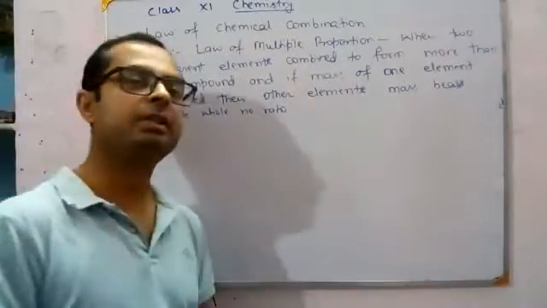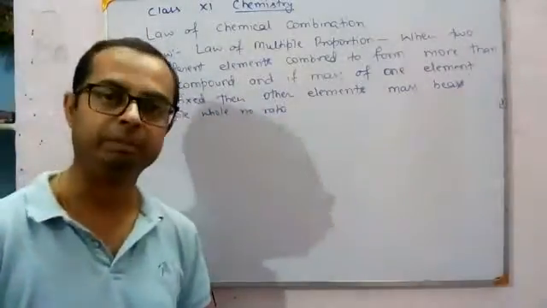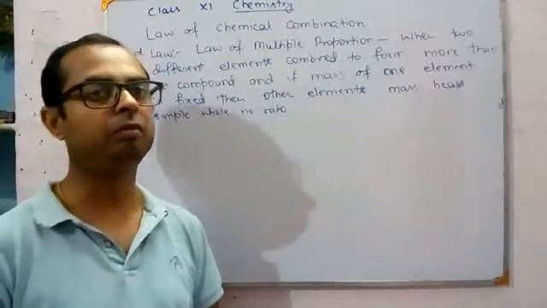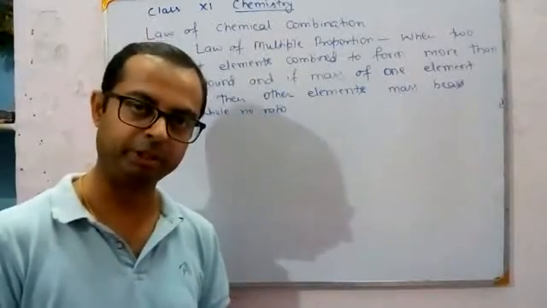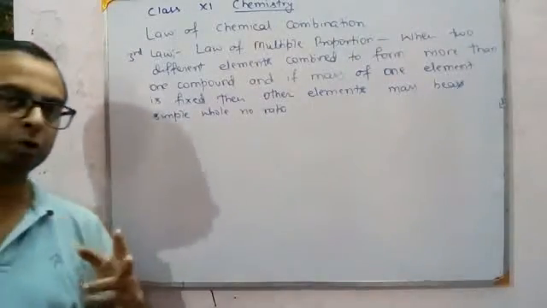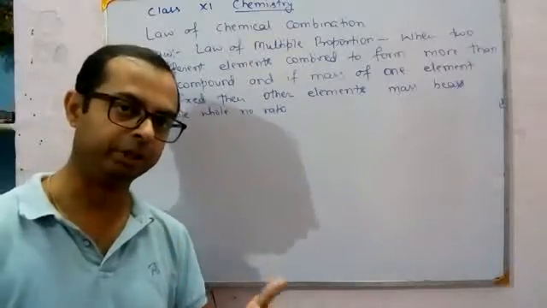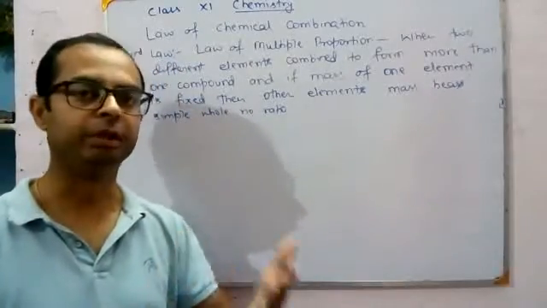Welcome back, students. We are going to discuss the third law of chemical combination, which is the law of multiple proportions, right? In this law we will see that two or more elements, when they combine in different ratios, form different compounds.